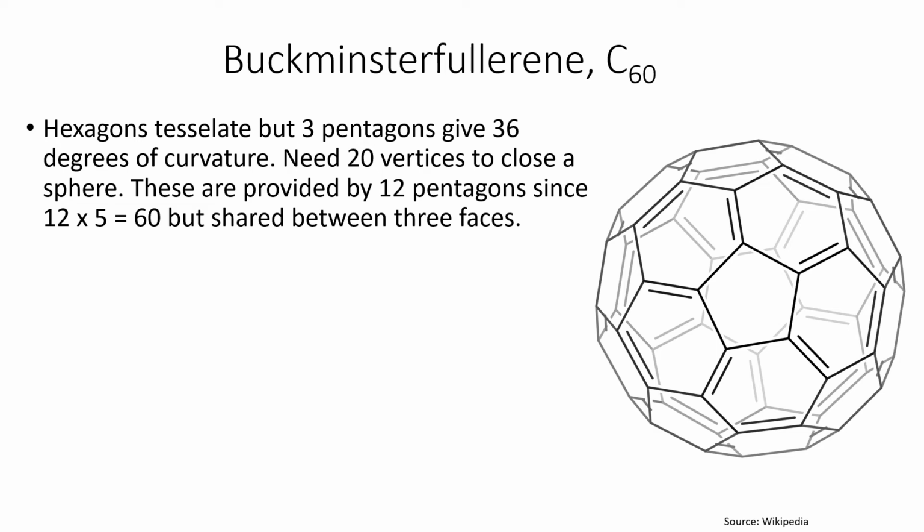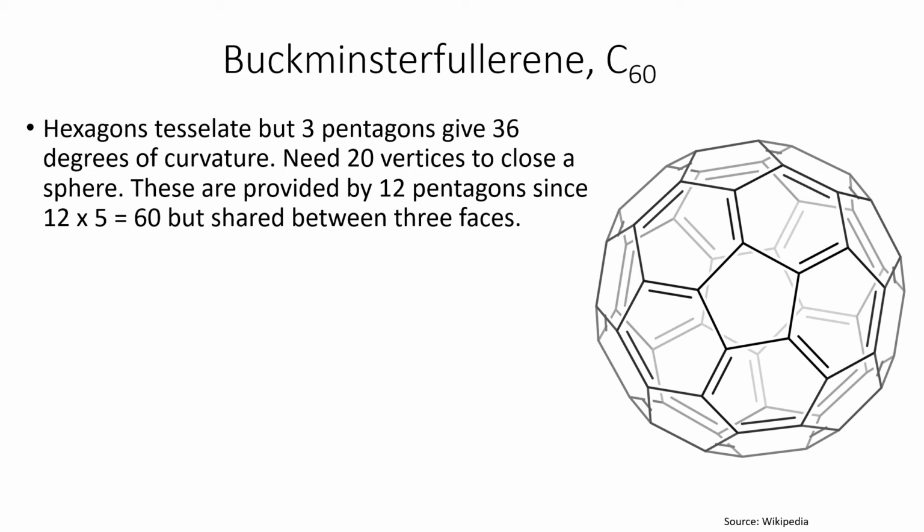But if we consider the case where we just had 12 pentagons in the dodecahedron, then the internal angle on a pentagon is 108 degrees, isn't it? So if we push 3 pentagons together, those 3 angles add up to 324 degrees.